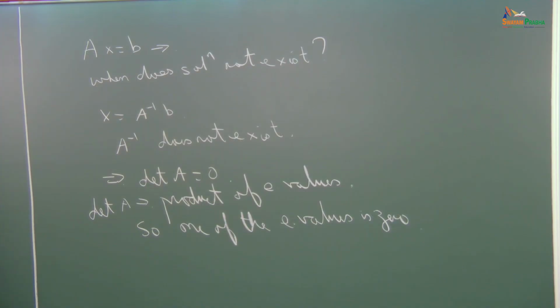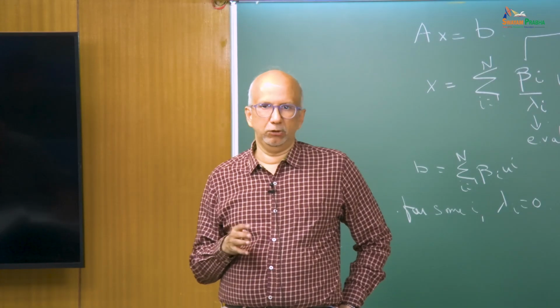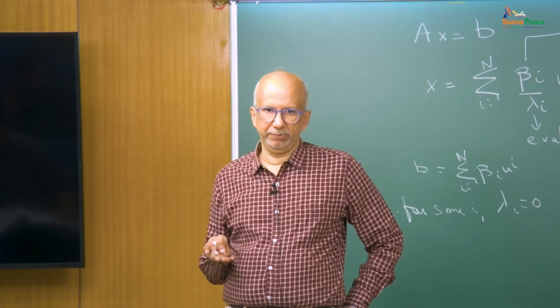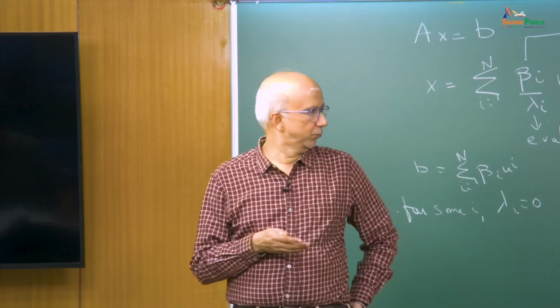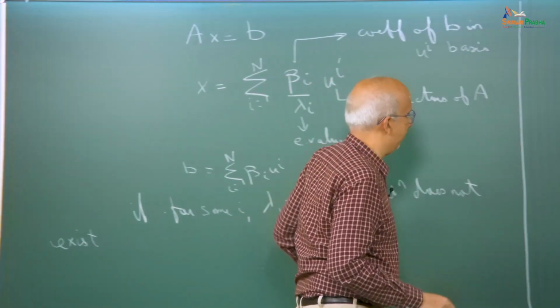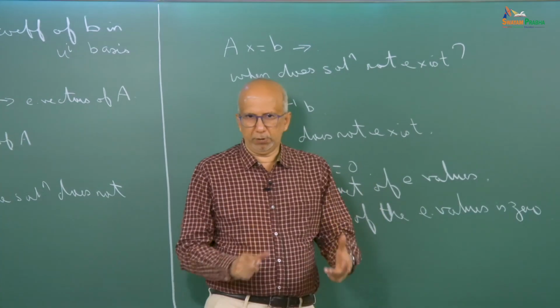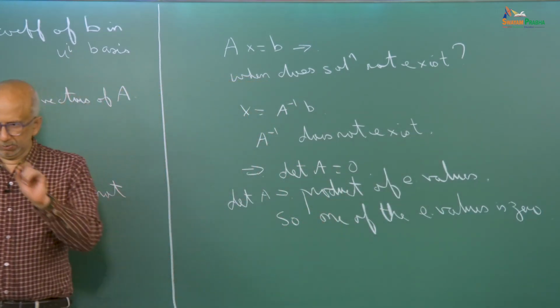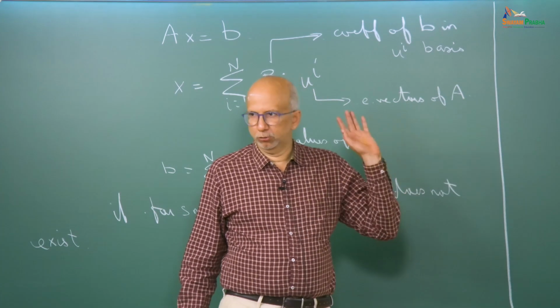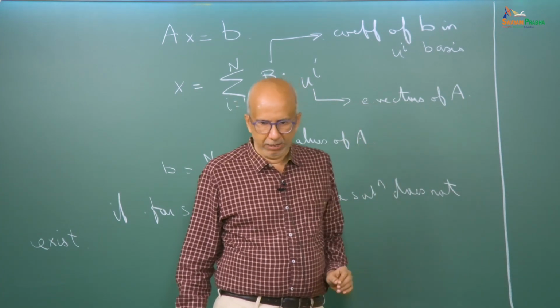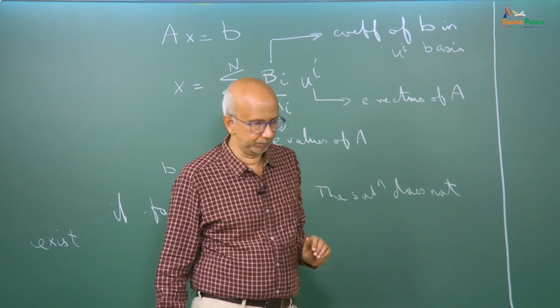So, basically all of this is consistent with what you have seen earlier in terms of A inverse not existing, in terms of determinant of A being 0, then Ax equals b does not have a solution, okay. If determinant is 0, that means one of the eigenvalues is 0, and that is the same thing that is happening here. So, I am just trying to make the connection with what you have already seen, okay.